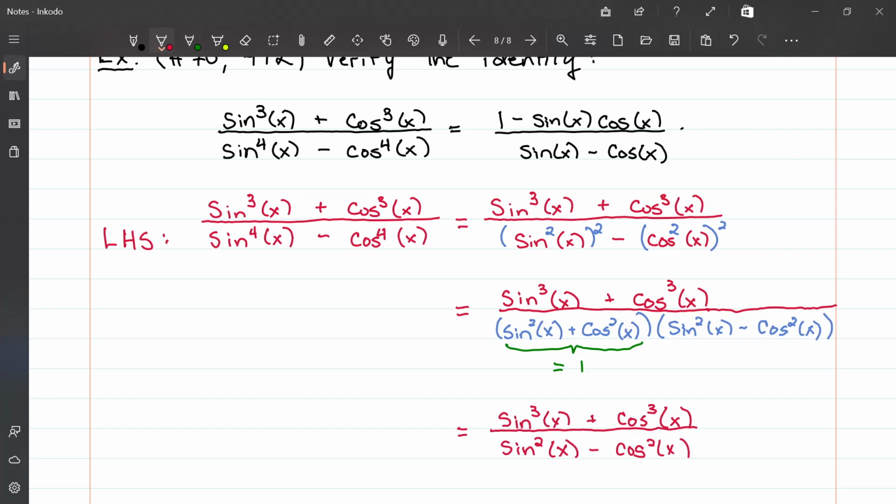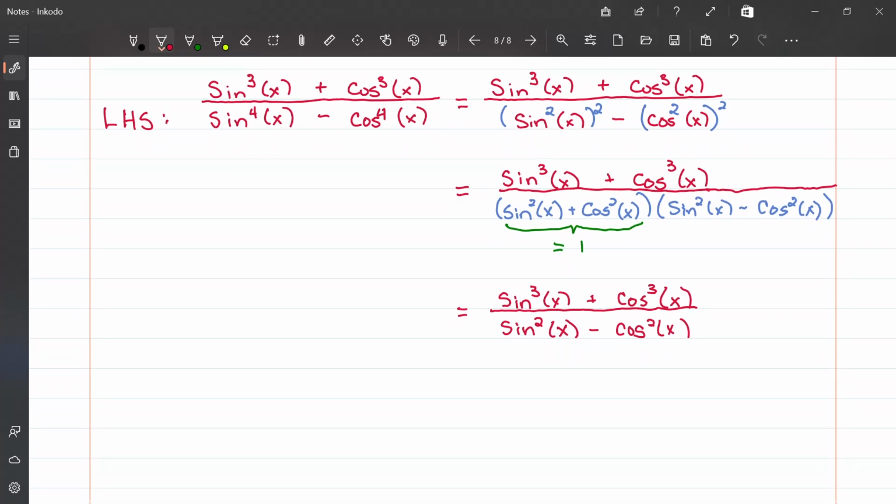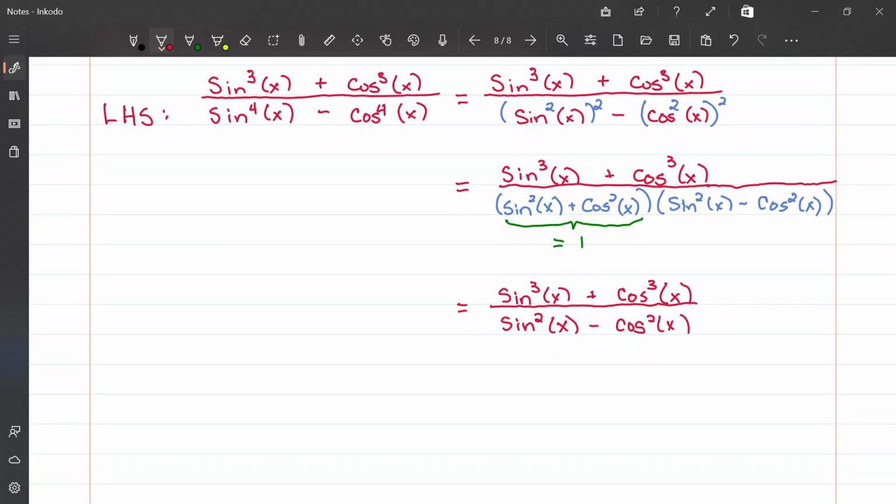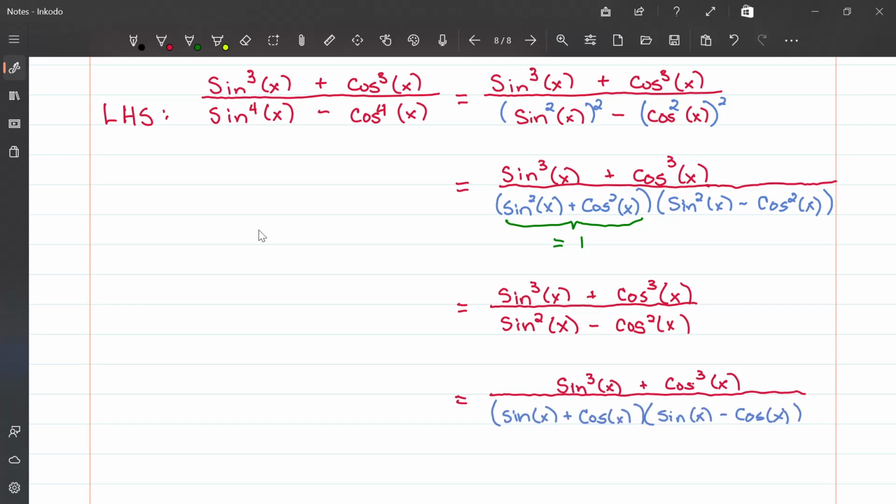In which case, the top is still sine cubed plus cosine cubed, the bottom is now just sine squared minus cosine squared, and we can use the difference of squares once again. Okay, so the top hasn't changed, the bottom becomes first plus second, sine plus cosine, times first minus second, sine minus cosine, and that's about all that we can do with the denominator on its own.